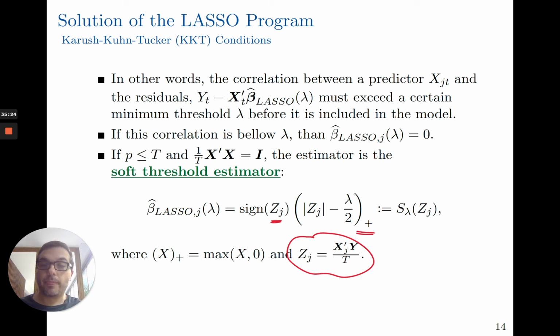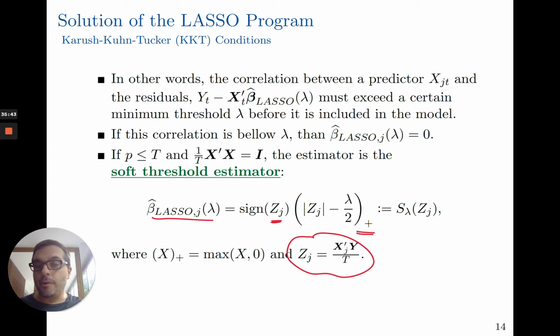So whenever the absolute value of zj is less than lambda over 2, then this will be 0 and beta lasso will be 0.